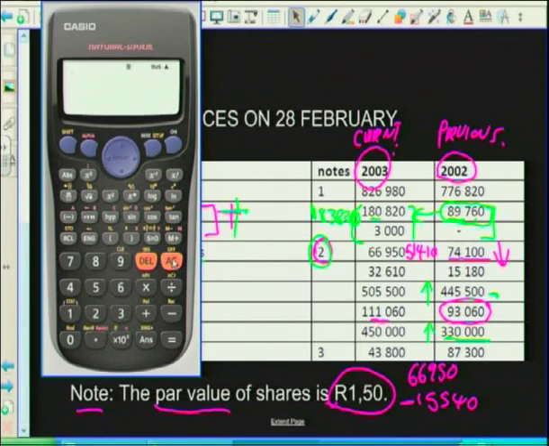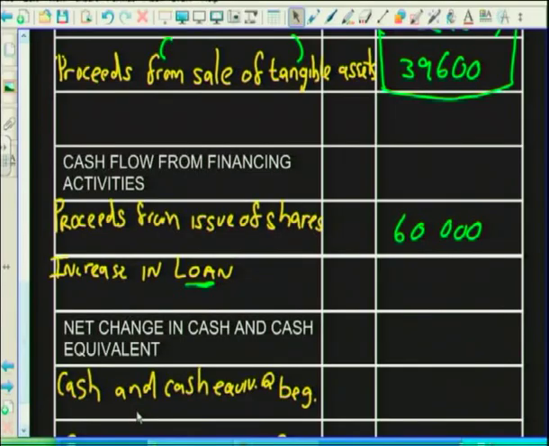So let's calculate what this increase in loan was. How much did we borrow in terms of our mortgage loan? Calculators out again. We're simply subtracting our loan, 450,000 minus 330,000. So we borrowed an additional 120,000 Rand. Let's now record that in our cash flow statement: there's been an increase in loan of 120,000.